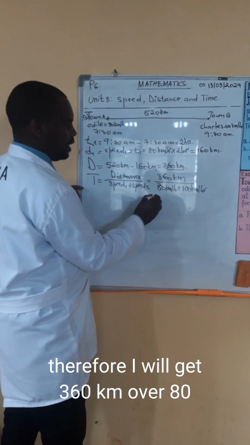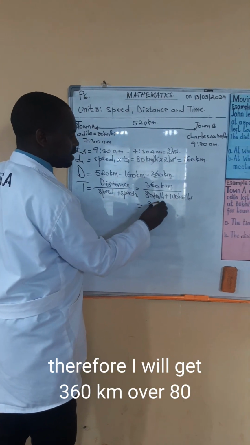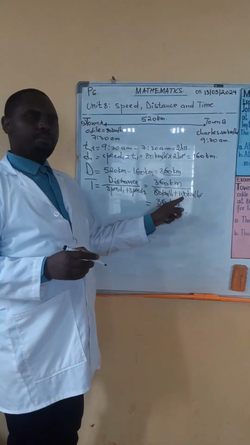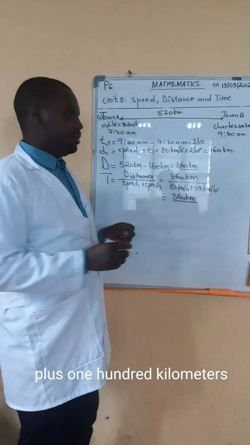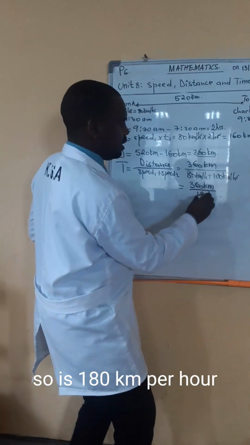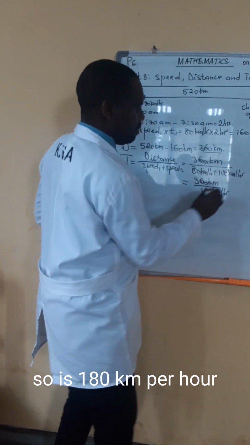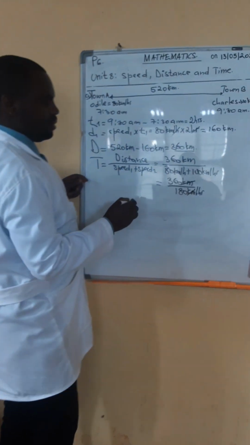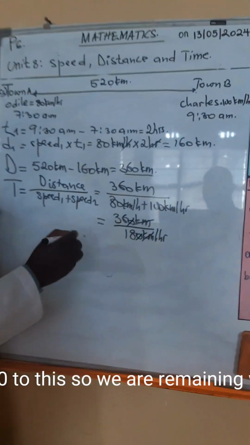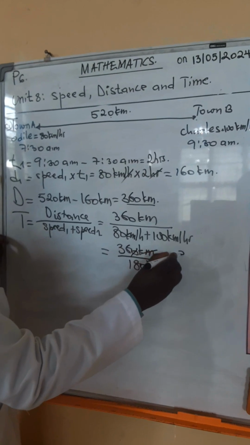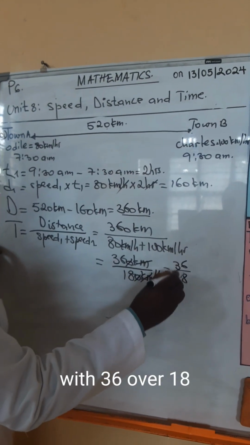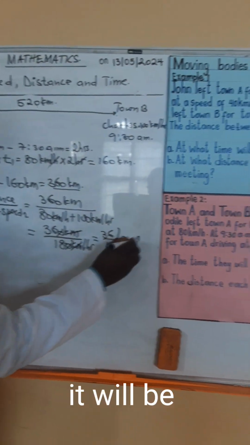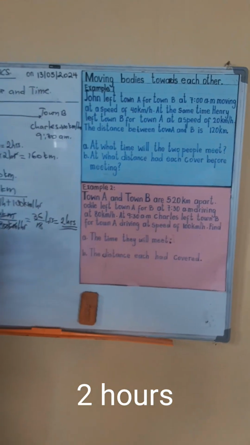Therefore, I will get 360 kilometers over 80 plus 100 kilometers, so is 180 kilometers per hour. Then now we are going to simplify kilometer to kilometer, this 0 to this, so we are remaining with 36 over 18 hours, so it will be 2 hours.